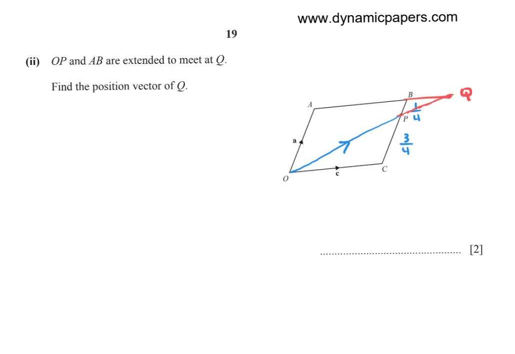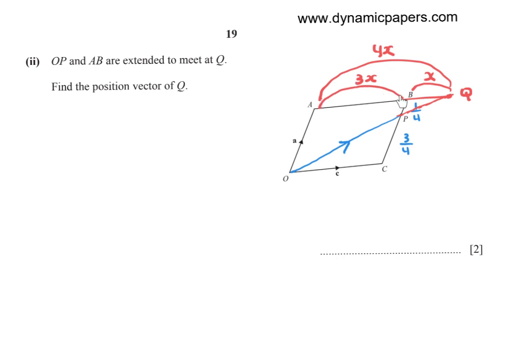Now if we consider that this distance is x, so the whole one is 4x, because BQ is 1/4 AQ. So now we can deduce that this equals 3x. So the ratio between BQ and AB is 1 to 3.